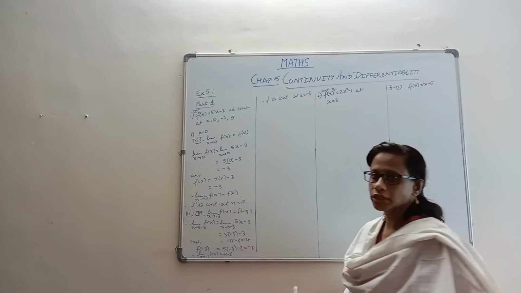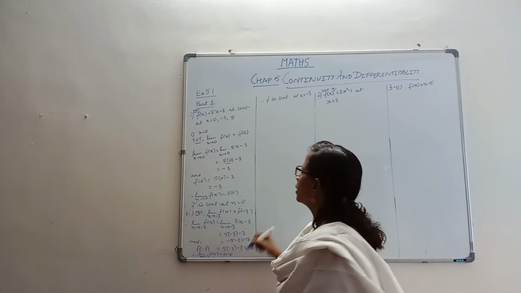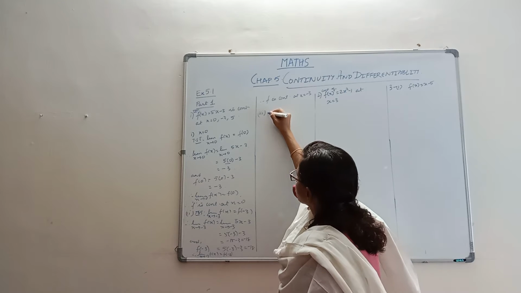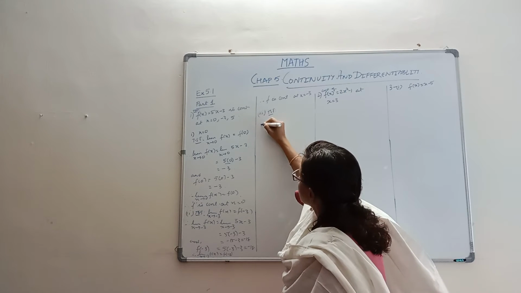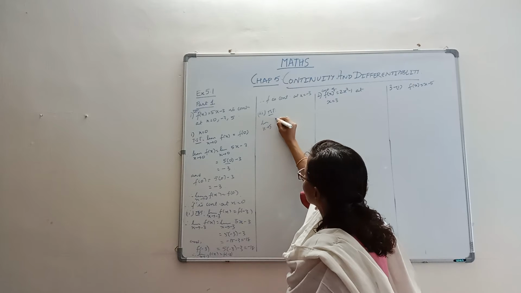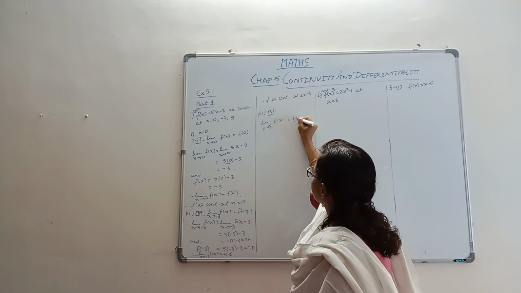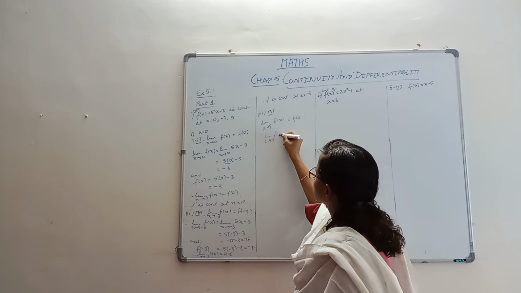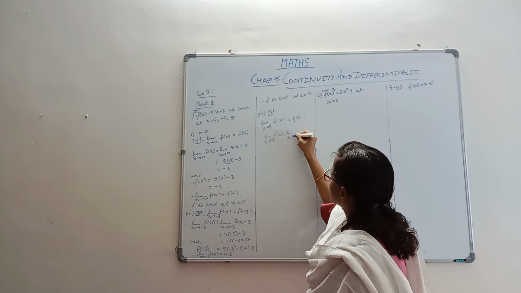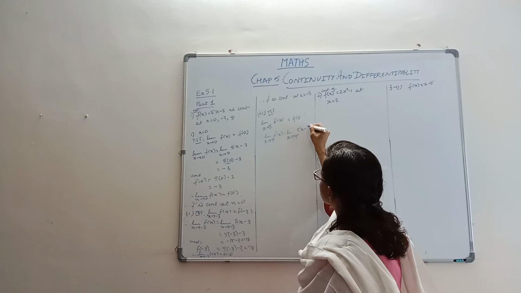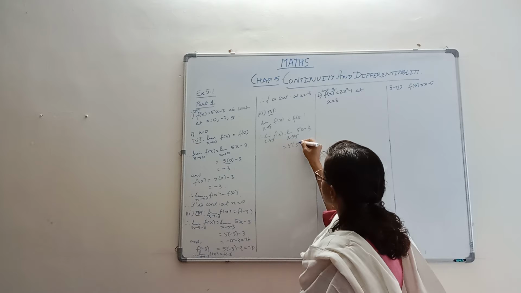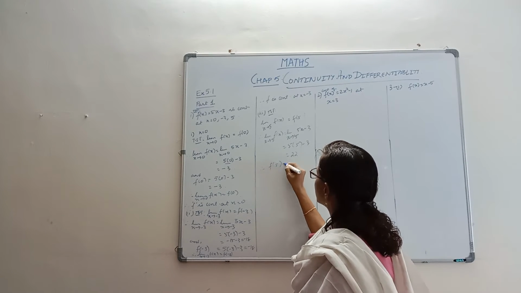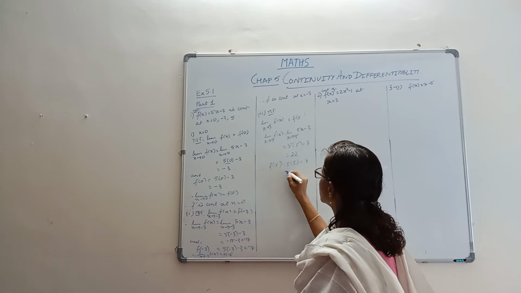Now same thing we have to do for the third subpart, where we have to check whether x equal to 5 is a continuous point for the function. To show that, limit as x tends to 5 f of x is f of 5. Limit as x tends to 5 of 5x minus 3, tending very close, so 25 minus 3, 22. f at 5, same idea, 5 times 5 minus 3, 22.